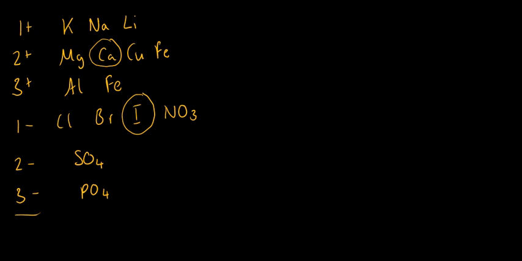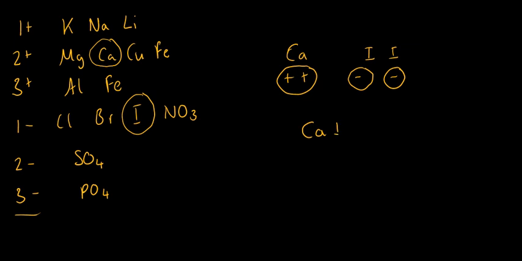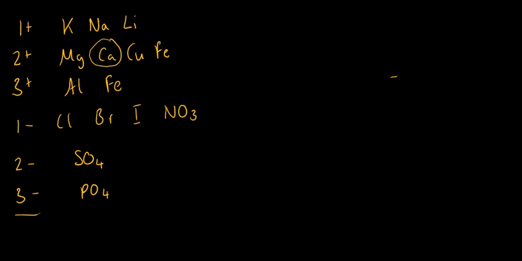Okay, so hopefully you've given that a go. So calcium is 2 plus, and iodine is just 1 negative. So I'm going to therefore need 2 iodine in order to make this work. So CaI2.